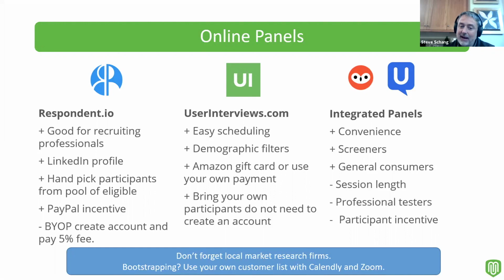You can say, okay, I want this screener to just go out to people who are in this age range, live in this country, have this household income, and you can go through this whole series of things to do that initial filter, as opposed to just blasting this out to everybody.